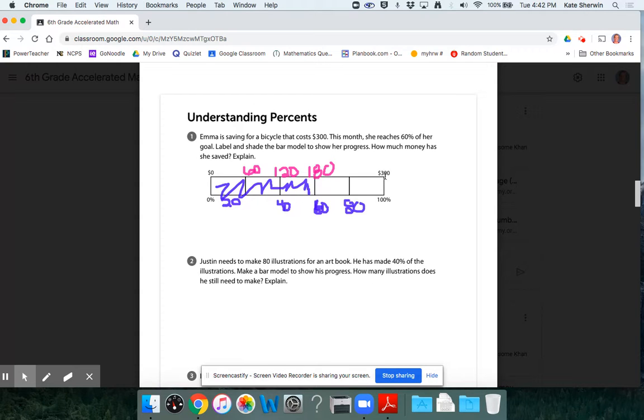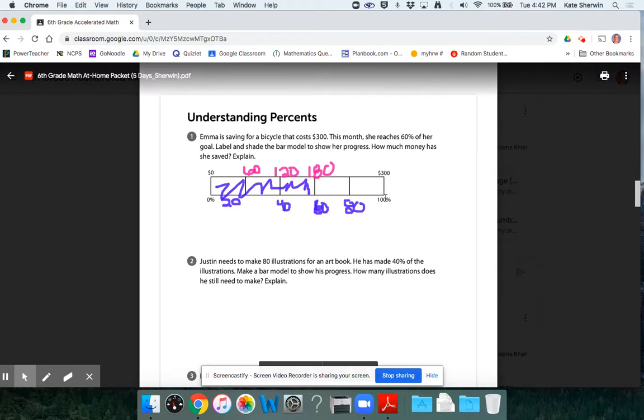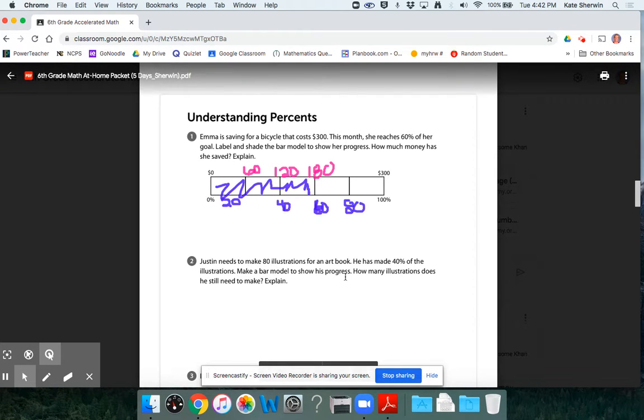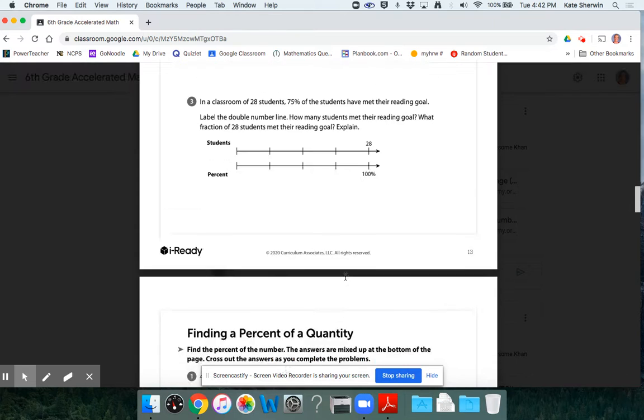Maybe 300 divided by 5 is 60. 100 divided by 5 is 20. So at 60% of her total goal, she would have raised $180. I bet I could make that even better. See, I'm anxious to see what you guys do on that.